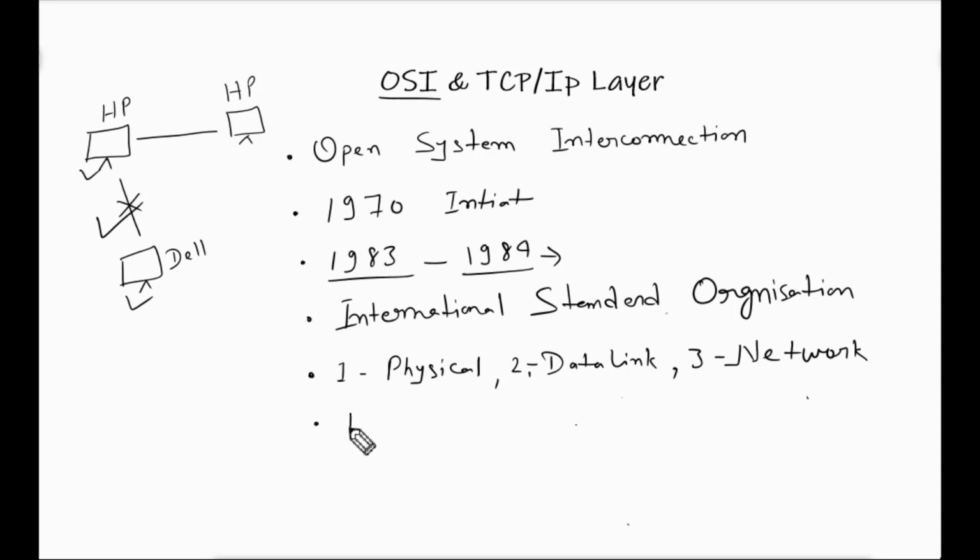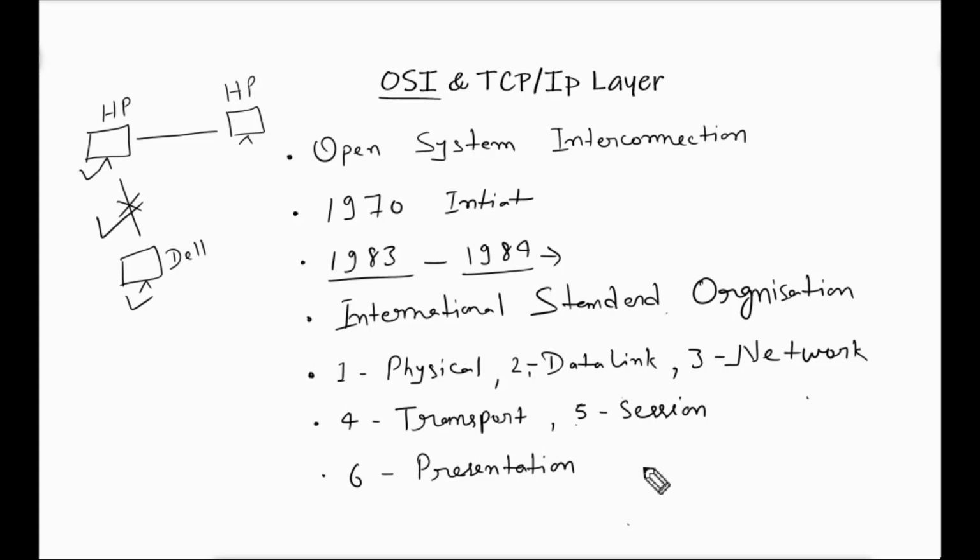Then layer 4 is the transport layer, layer 5 is the session layer, and layer 6 is the presentation layer. And the last, or the top one, is the application layer. So this is all about OSI as of now. We will discuss each layer one by one in the next slide.